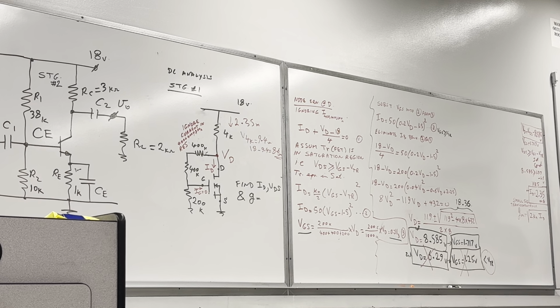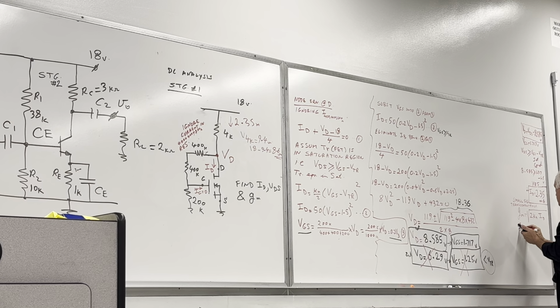We get 2.35 exponent minus 3 multiplied by that 0.2 amp per volt squared multiplied by 2, square rooted. There it is.